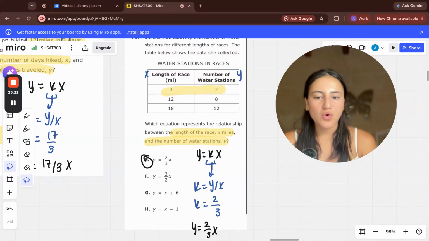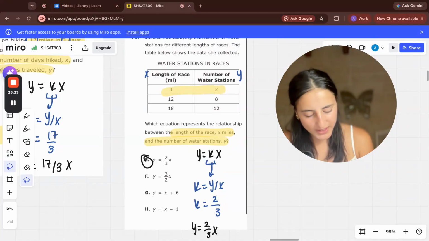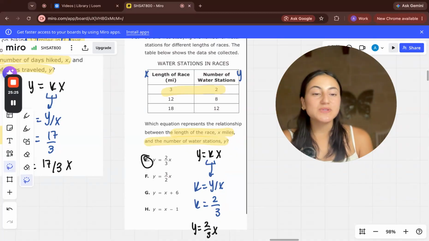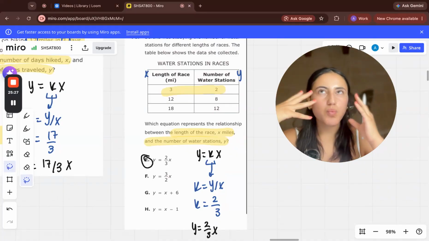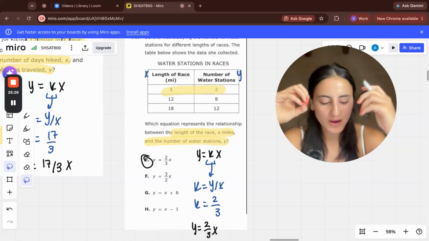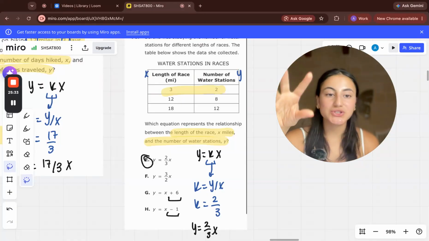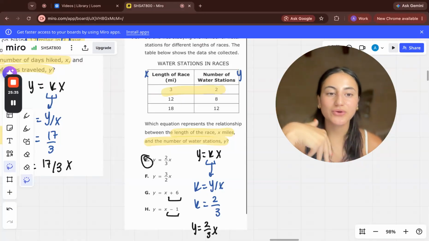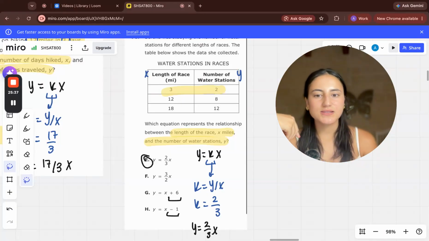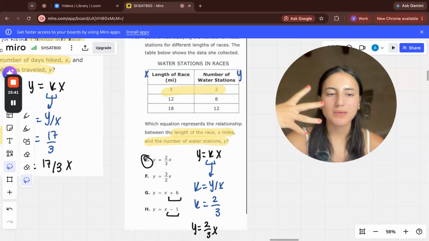Now, why do I know it can't be G or H? As we said before, the y-intercept is 0. And this over here, by adding or subtracting something to the x term, it demonstrates what the y-intercept is. If this was not a proportional relationship, maybe that might be true.